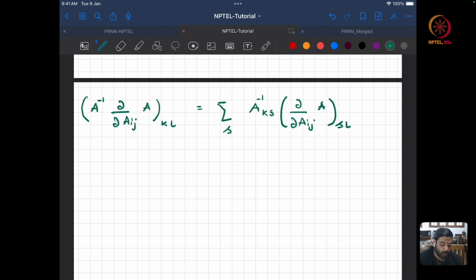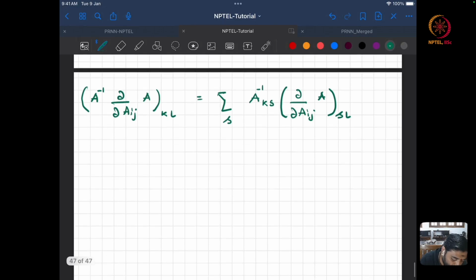Okay. Now here it's the element in the A inverse matrix. Now this is the element in the, what do you call, the partial derivative matrix. Okay, there is no such term, but you can think of it.